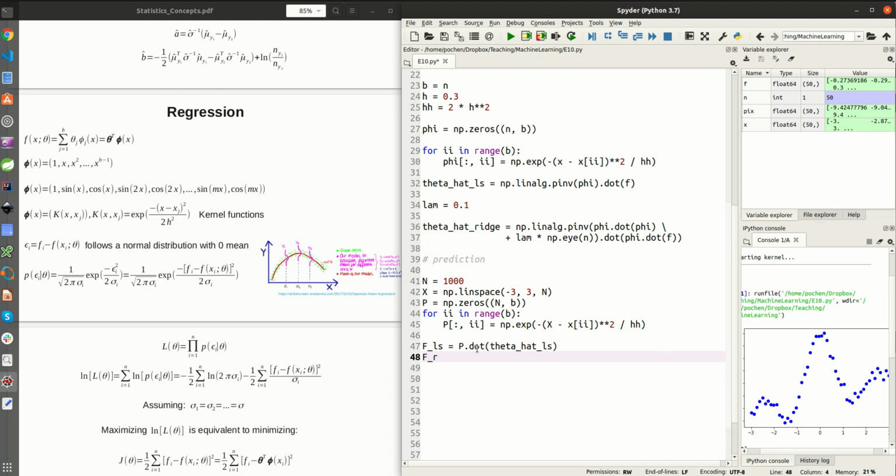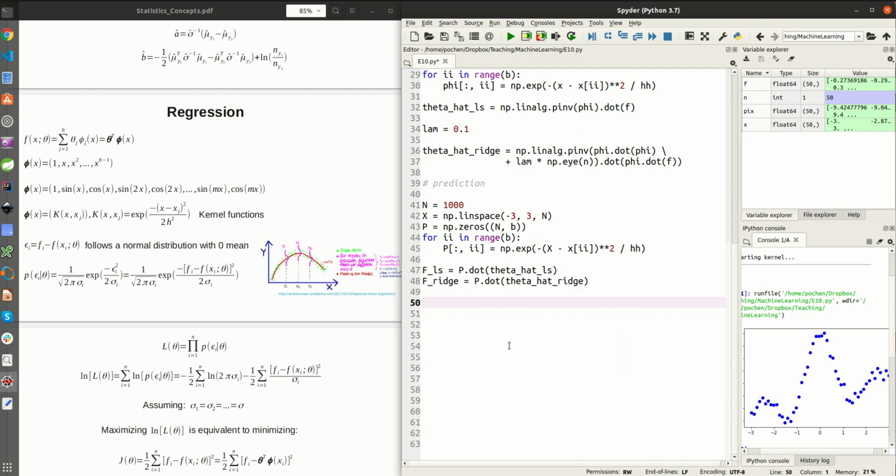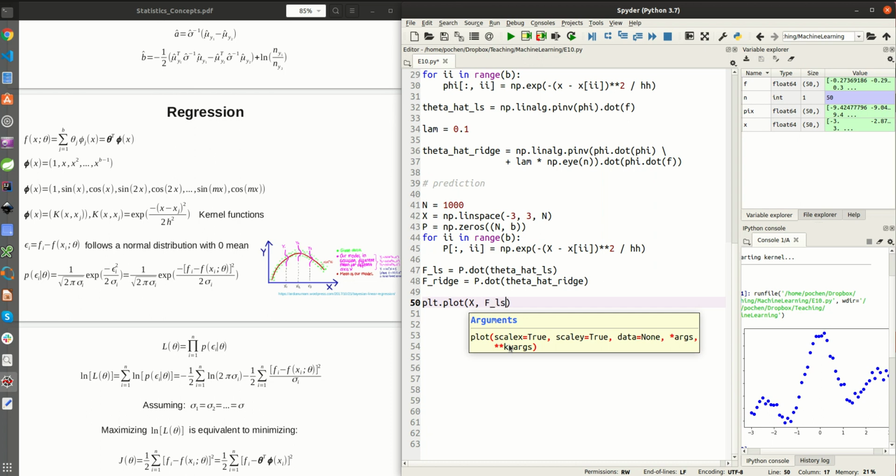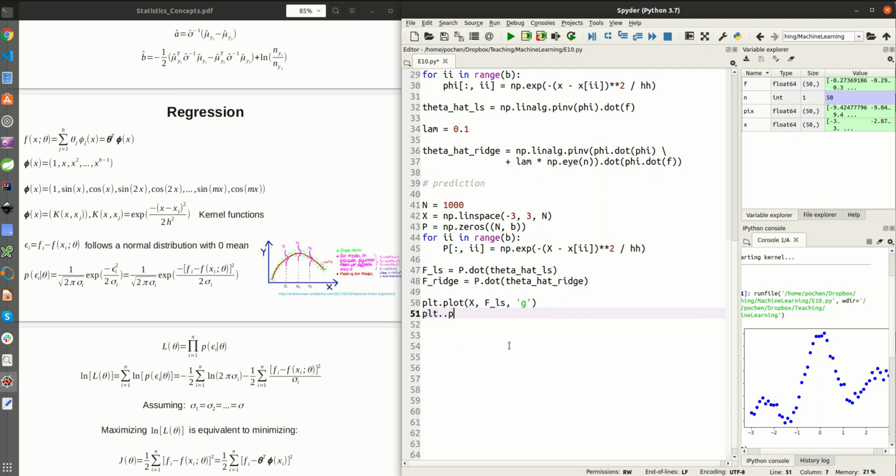And then capital F ridge is going to equal P dot theta hat ridge, right? And then let's just plot them with different colors, right? Capital X, F LS, we're gonna still use green for the least square fit, and then we're gonna use red as the ridge regression fit, right?